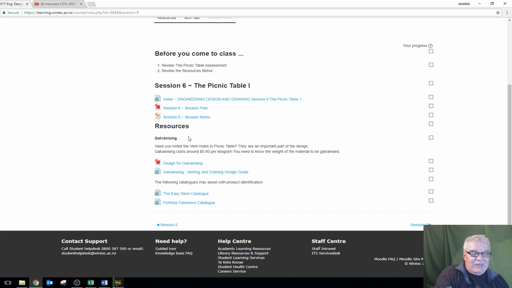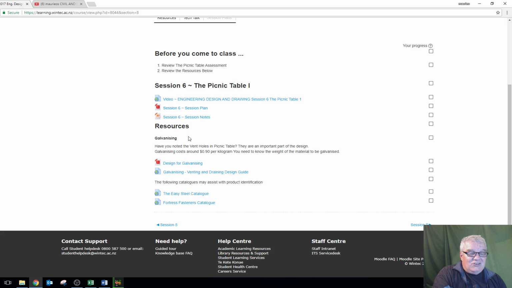The actual table that we're doing is to be galvanized. Probably wouldn't be a bad idea to have a bit of a look at one of the tables before you came to class as well, but that might be a little bit late at this point. Design for galvanizing, galvanizing, venting and draining design guide. These are quite important things.